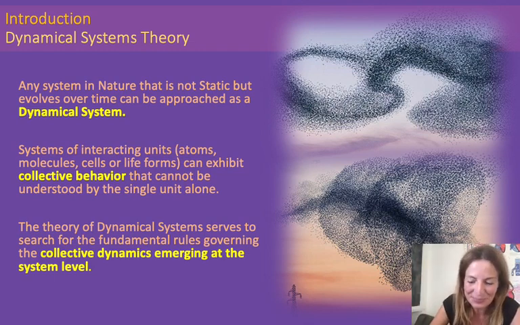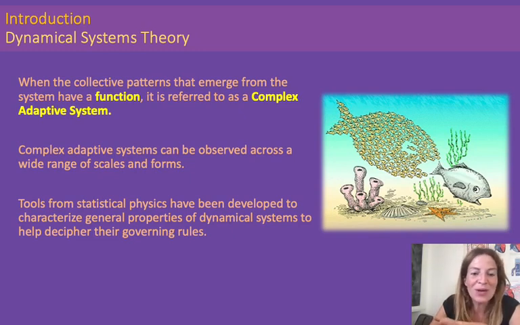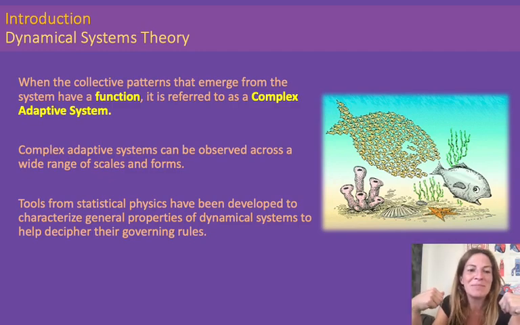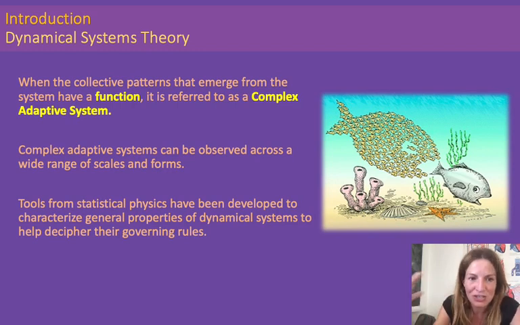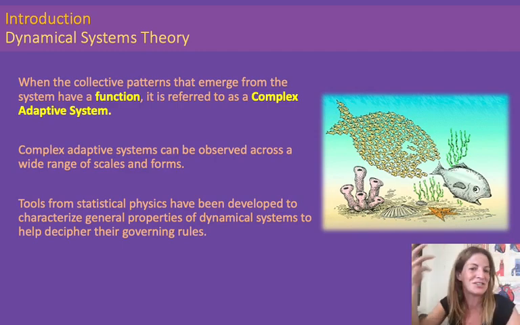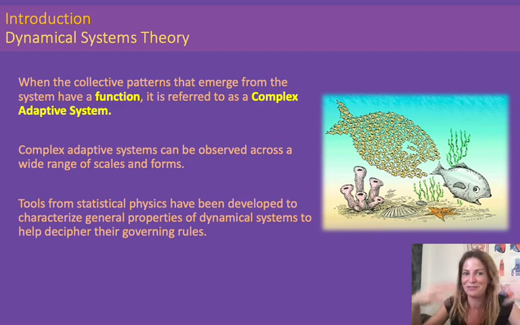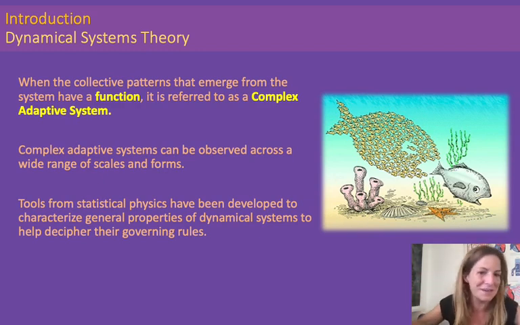Now, why does this happen? This emergent collective behavior emerges in systems where these patterns have a function. So these systems are termed complex adaptive systems because the collective has a shape, and this shape has a function that increases the chances of survival or of auto-sustainability, so of lasting longer.